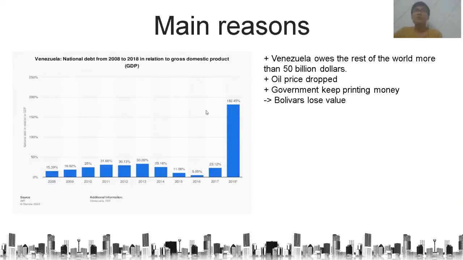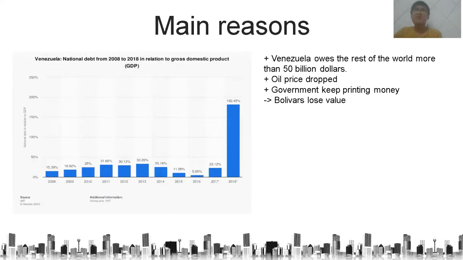The hyperinflation in Venezuela is a fairly standard case because Venezuela owes the rest of the world more than $50 billion. If it owed $50 billion in bolivars, it would be no problem at all because the government could just print money.